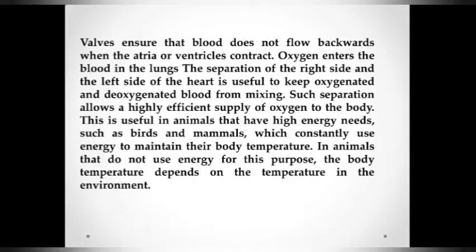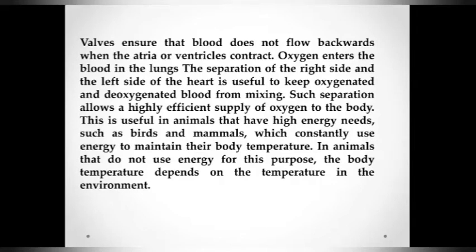The separation of the right side and the left side of the heart is useful to keep oxygenated and deoxygenated blood from mixing. Such separation allows a highly efficient supply of oxygen to the body.